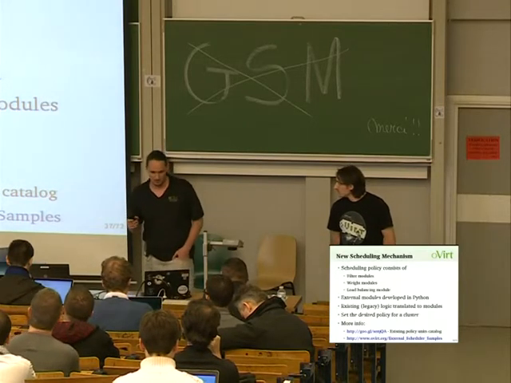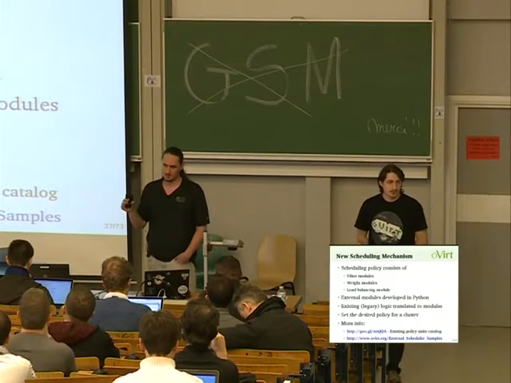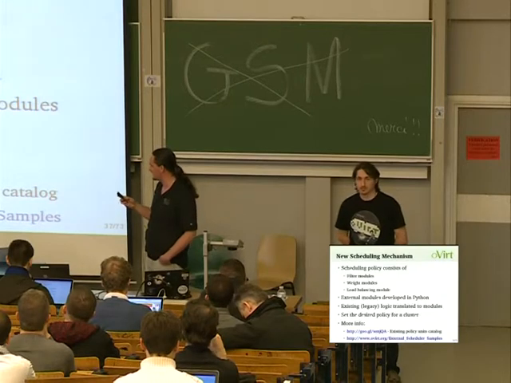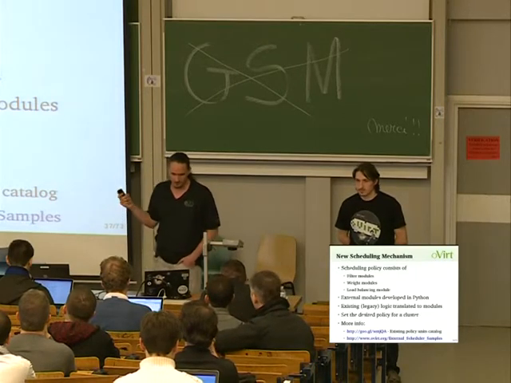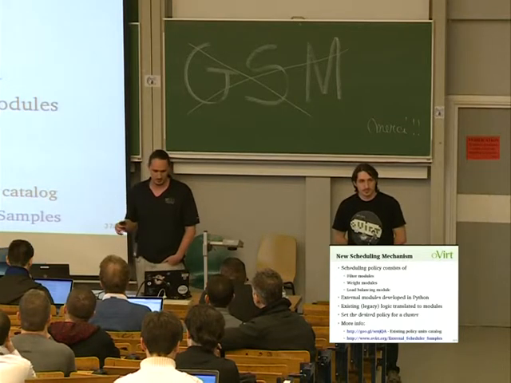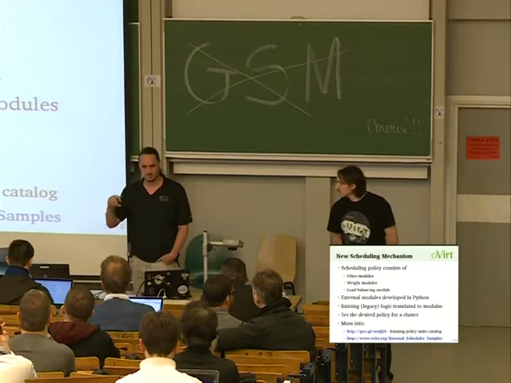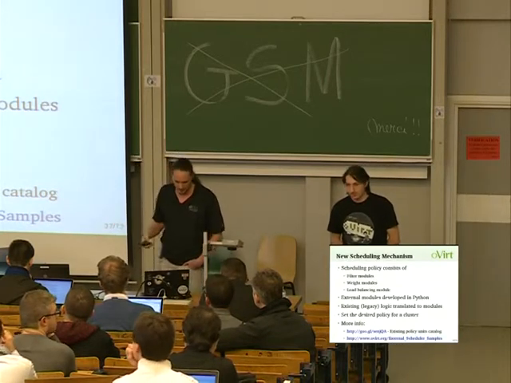And a load balancing module, which decides how to actually do load balancing when you have hosts that are already running VMs. All external modules are developed in Python, so a user can just write his own modules. And the existing logic was also translated to modules, just built-in modules that you can use.